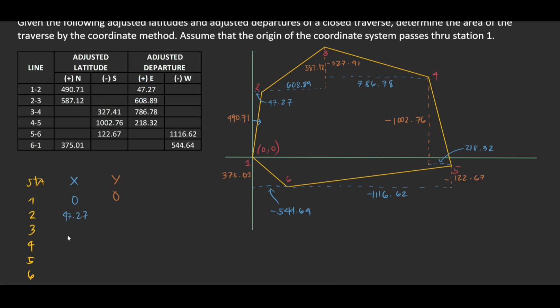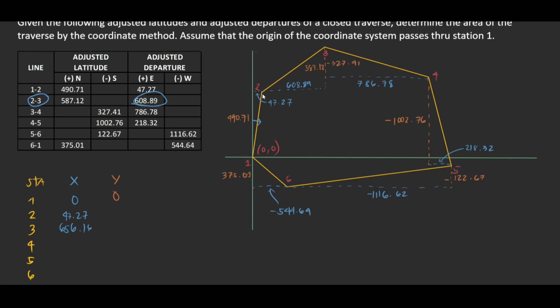So that's the same thing. Okay, now from point 2 to 3, you have a departure of 608.89. So to get the x coordinate of station 3, you just add 608.89 to 47.27. So what will you get? So you will get 656.16.